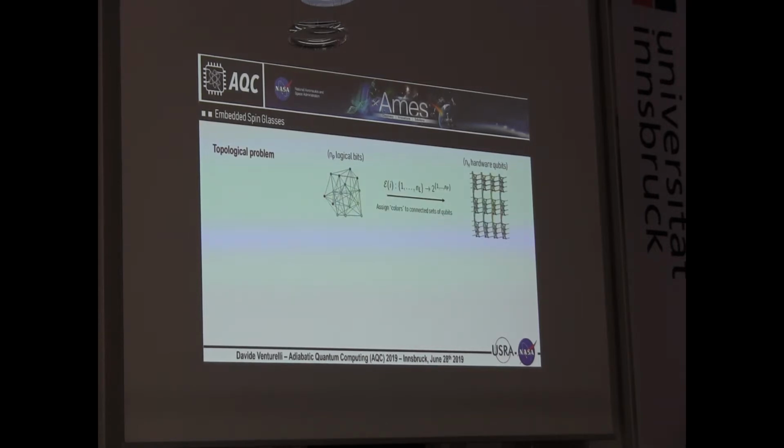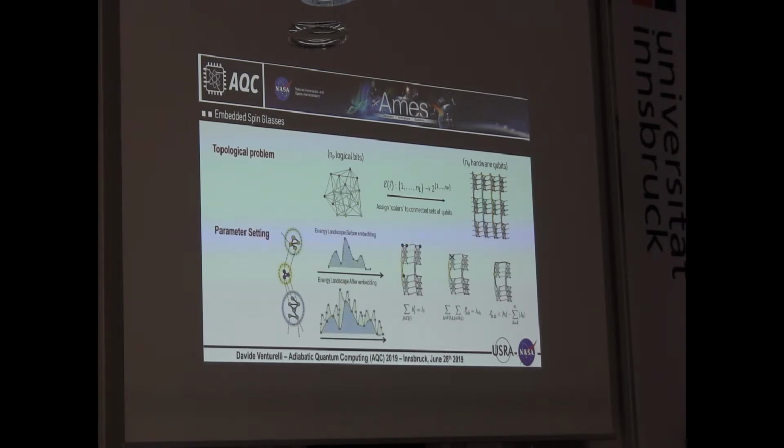Now, what happens if you pause in embedded problems, in problems which are application problems? So embedding is the procedure for which you take an Ising Hamiltonian that you want to study, and you represent it in the chimera chip of the D-Wave machine by using ferromagnetic substructures, which represent your logical variables.